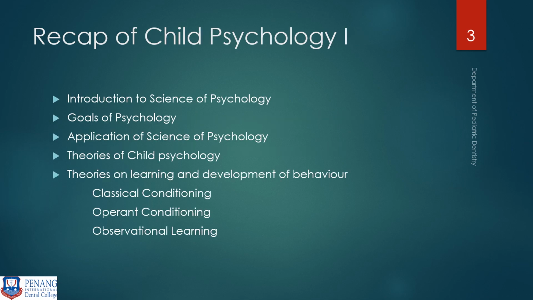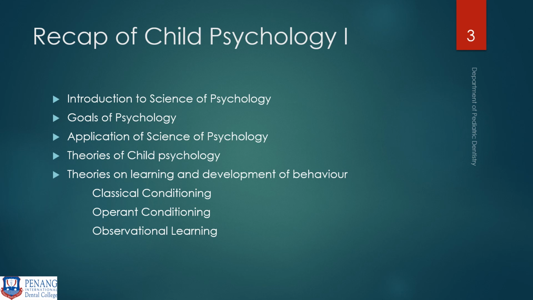To quickly recapitulate what we learned in the first part of child psychology, we looked at the science of psychology, where we learned that psychology is to understand the way people think, to look at their mental processes, how they think, and then of course how they behave.